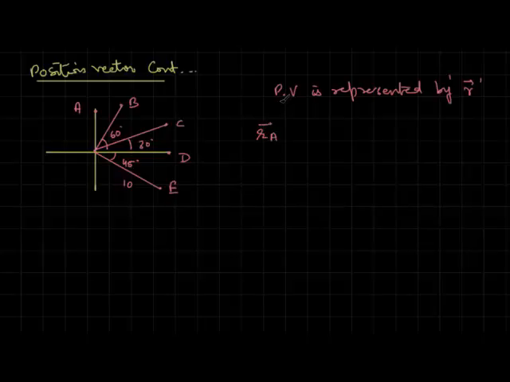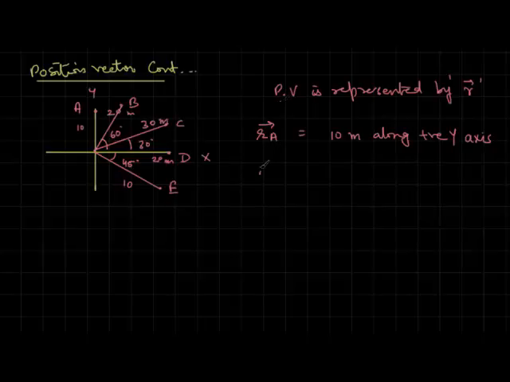So we can say that position vector of A, which we can represent as RA, is, let's say, 10 meter along positive y-axis. So this is x-axis, this is y-axis.